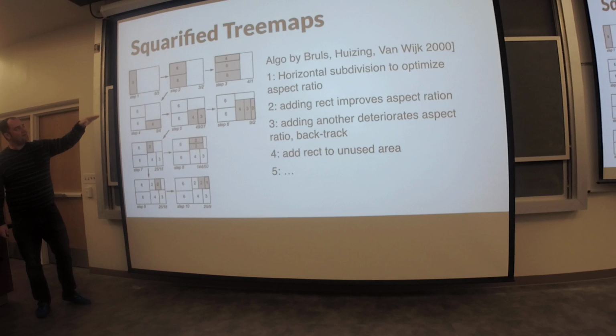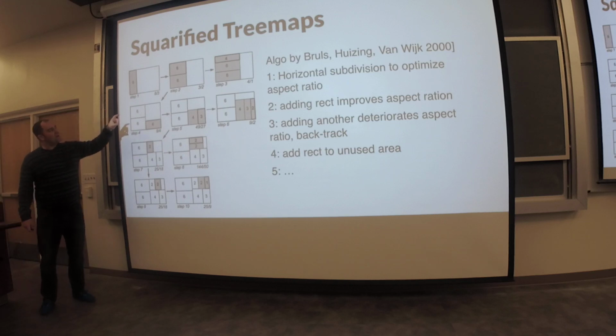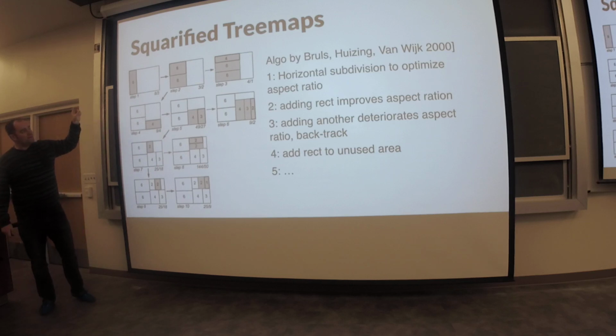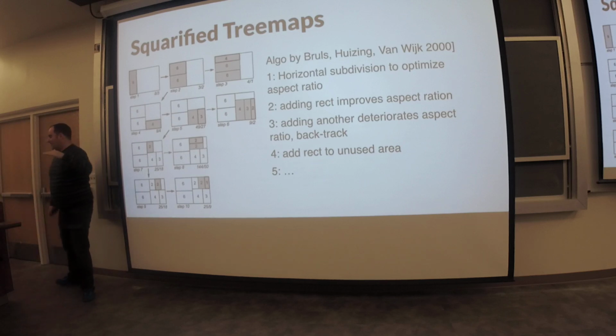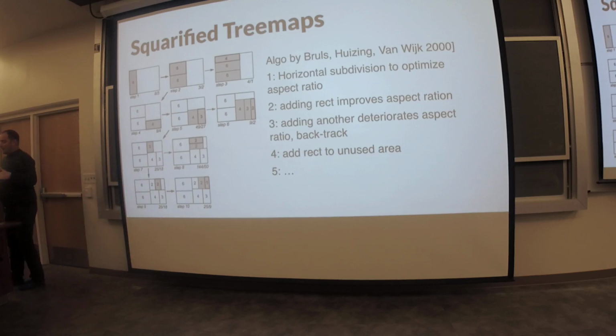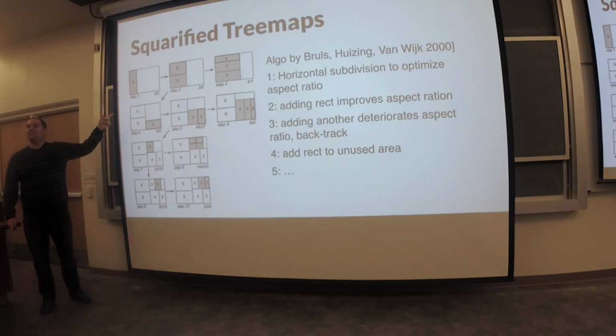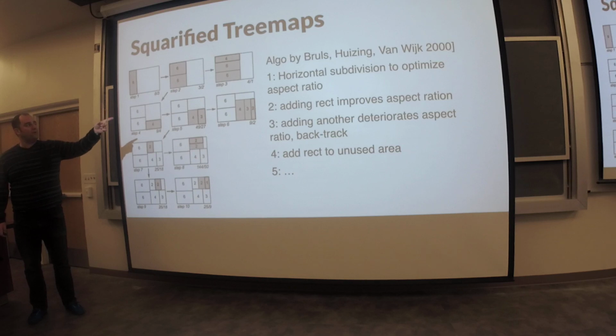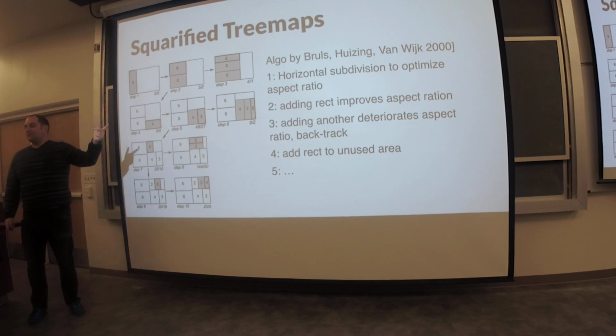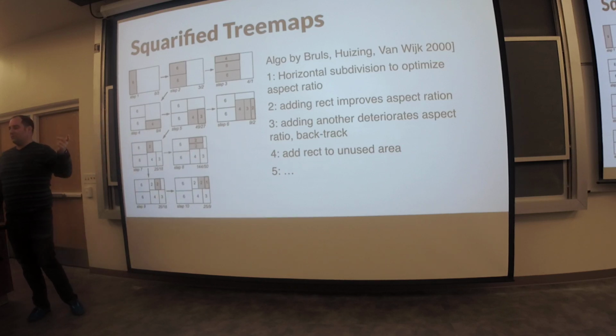Then they add the second element. They again check: if I now split it vertically, what does this mean for my aspect ratio? In this case, it improves the aspect ratio of the previous one, so we have closer to 1 aspect ratio. Then they add the third element, the number 4 here, but if they check the aspect ratios, they have actually made them worse.